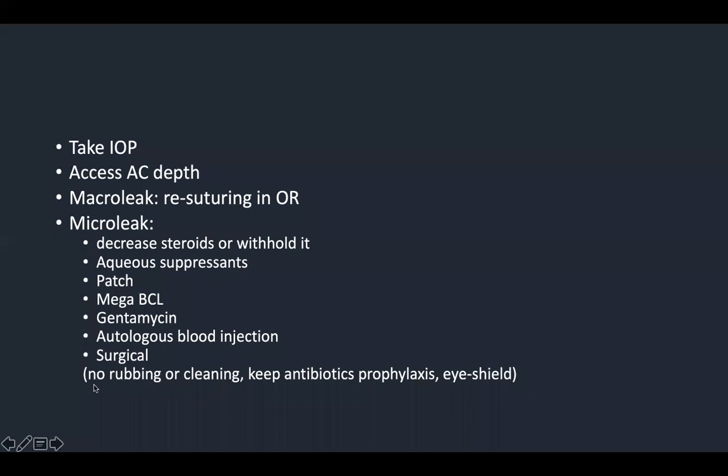You have to advise the patient not to rub or clean the eye, and to keep a prophylactic eye shield and antibiotics. Macro leaks are usually too big, more than 1 millimeter, and the AC will usually be collapsed, so then it's a surgical treatment.